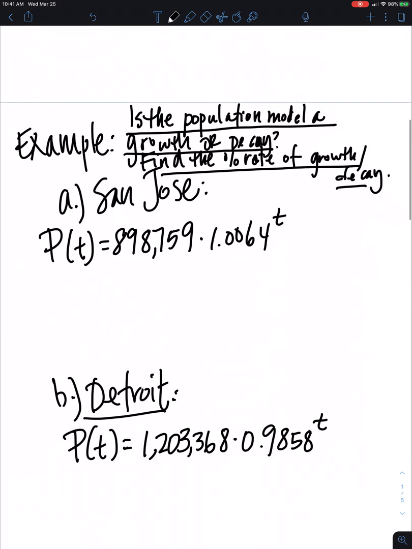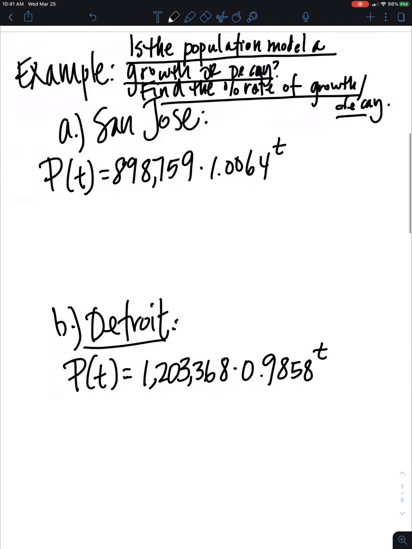Okay, so let's do a couple of examples. I'm going to try to do some problems similar to your homework. This first example says, is this a growth, is this a decay, and then find the rate of growth or decay. Okay, so remember this was like our A in the previous sections, and this is our B. So if our B is greater than 1, we call it a growth.